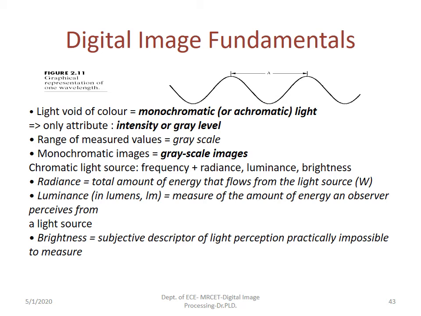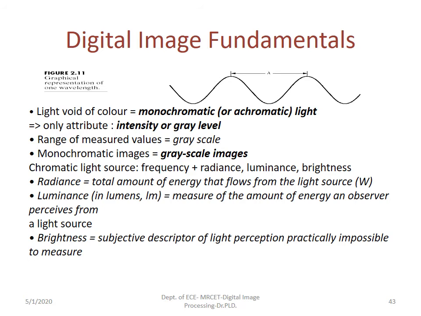This digital image fundamentals we have already come across, but as an overview I'll give it here. Light void of colors is monochromatic light, and the only attribute we can represent is either intensity or gray level. The range of measured values we call the grayscale of images or grayscale of the pixels.